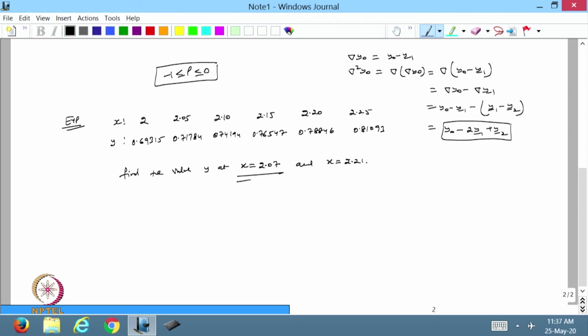These are the two values I want to approximate.